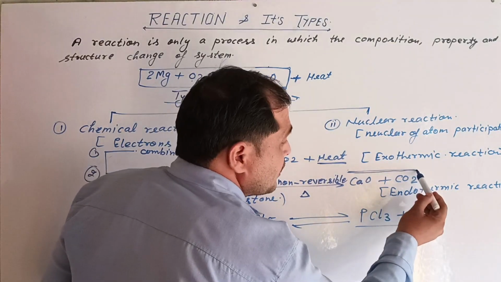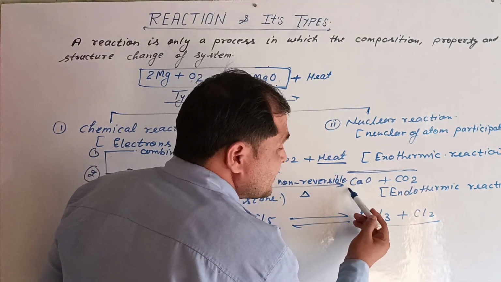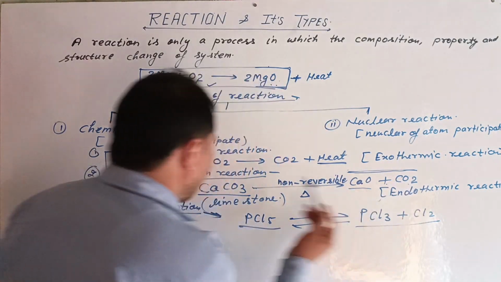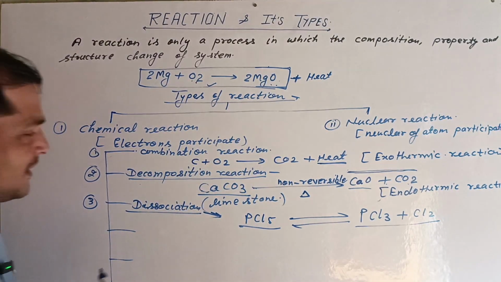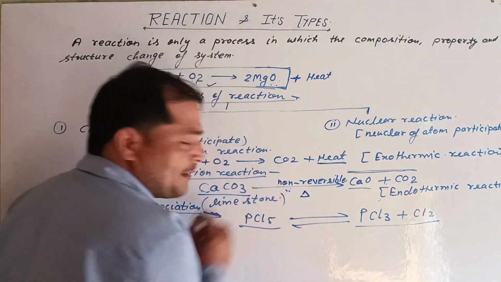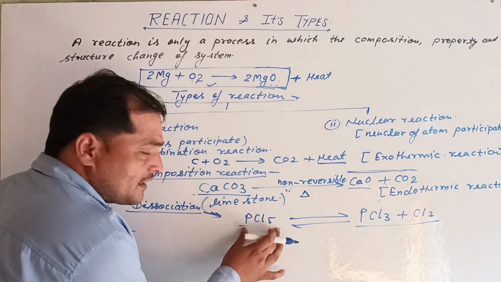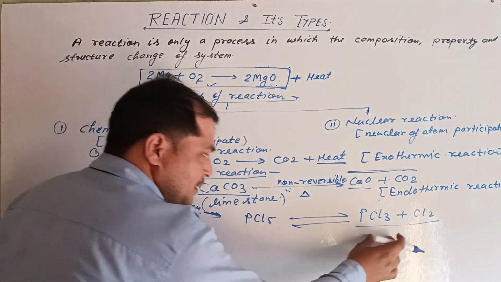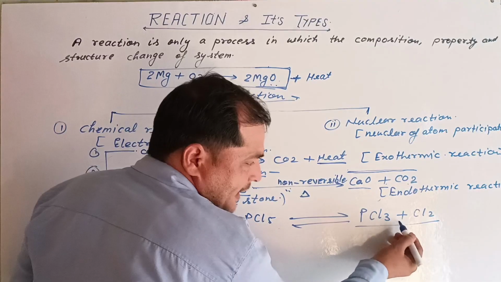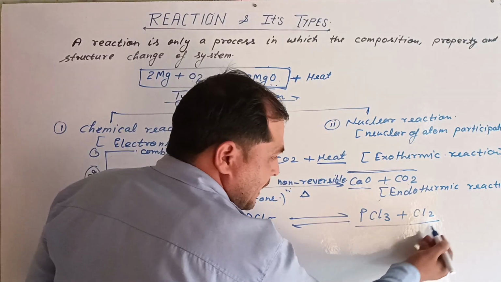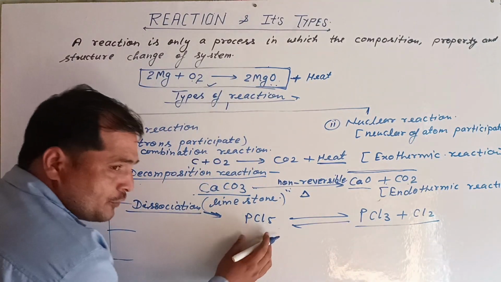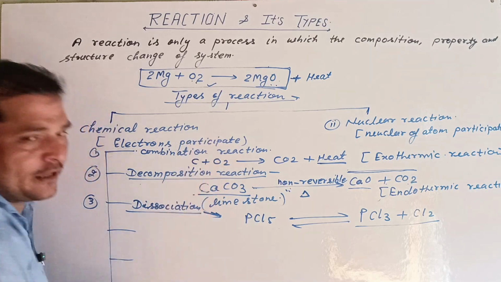But in a decomposition reaction, it is impossible for CaO plus CO2 to form CaCO3. In the dissociation reaction, phosphorus trichloride can combine with chlorine and produce phosphorus pentachloride.